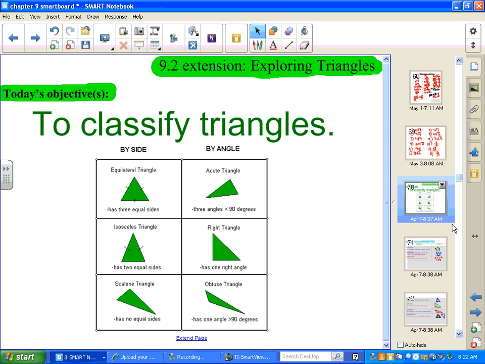What about an equiangular isosceles triangle? Is that possible? Briar. No, it is. Charles, go ahead. Correct.